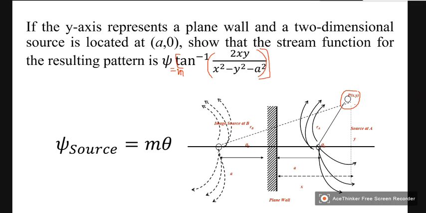So we'll get the value of psi at this point due to this one as well as this one. So the general expression for psi is m theta. Let me call this RA and theta A. And this angle is theta B and this is RB.